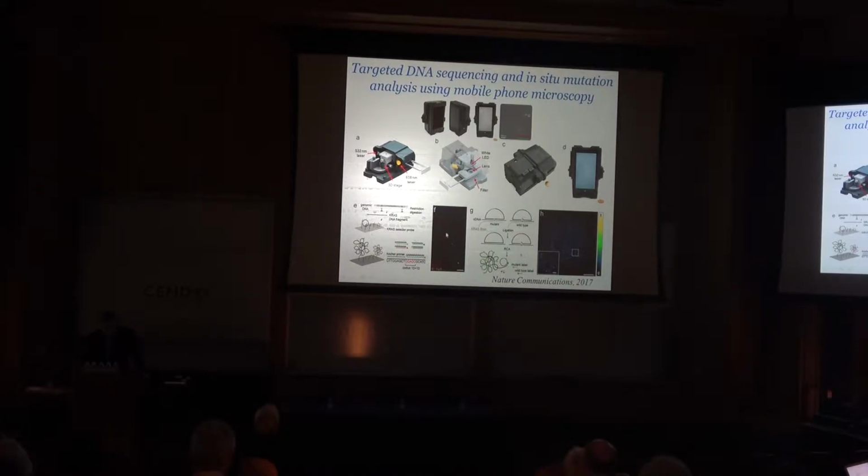And what you see here are 2 different colors that label the RCA products with 2 different fluorescent tags, revealing at the cellular level essentially wild type versus mutant, for essentially next generation DNA sequencing for diagnostics.